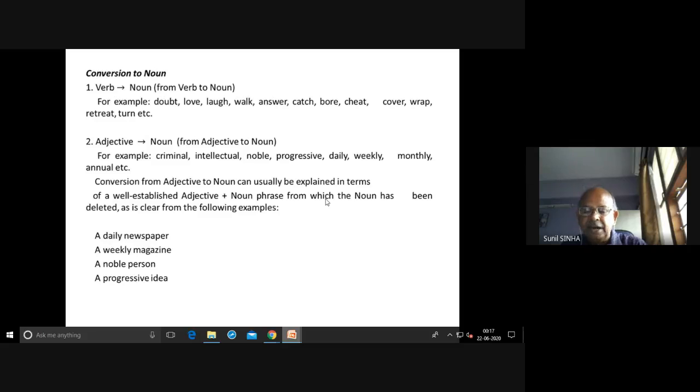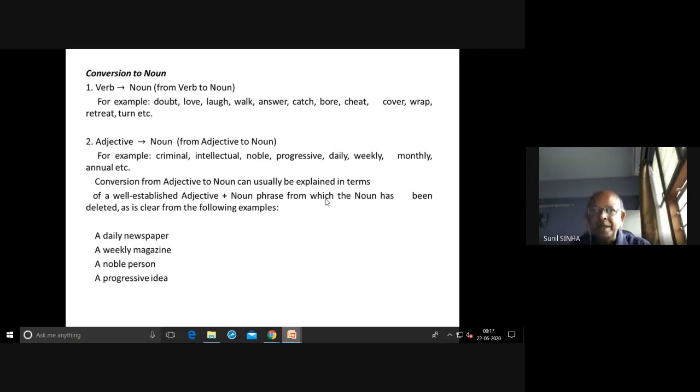Then adjective to noun. A noun can be derived from an adjective, like criminal. Criminal is basically an adjective, and then a noun is derived from that adjective, and again we get criminal.